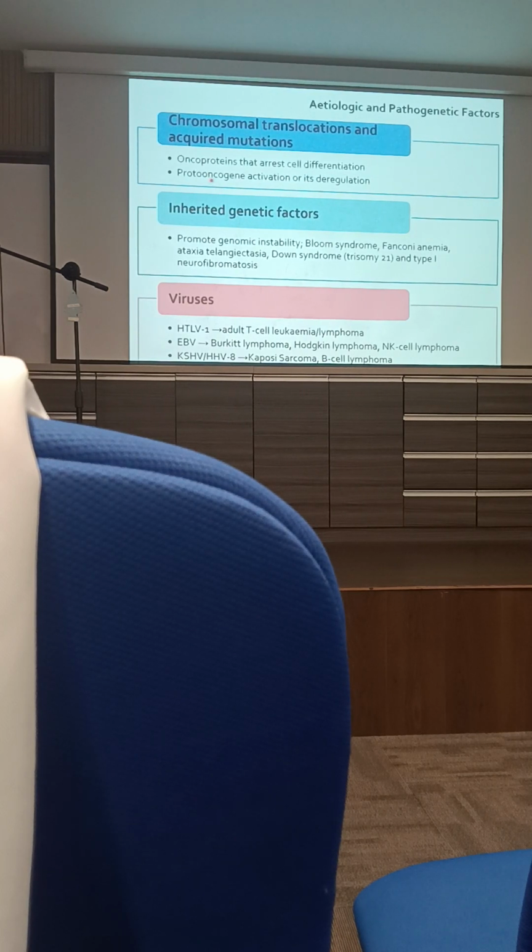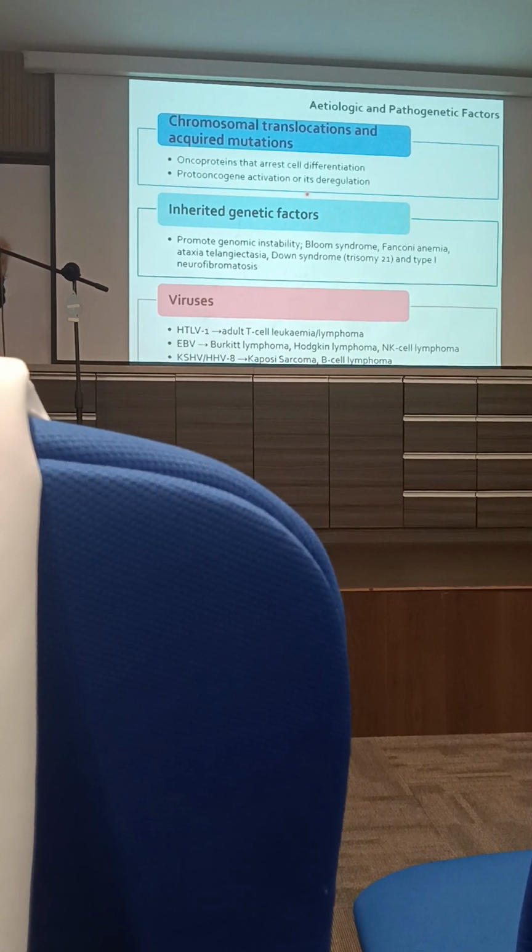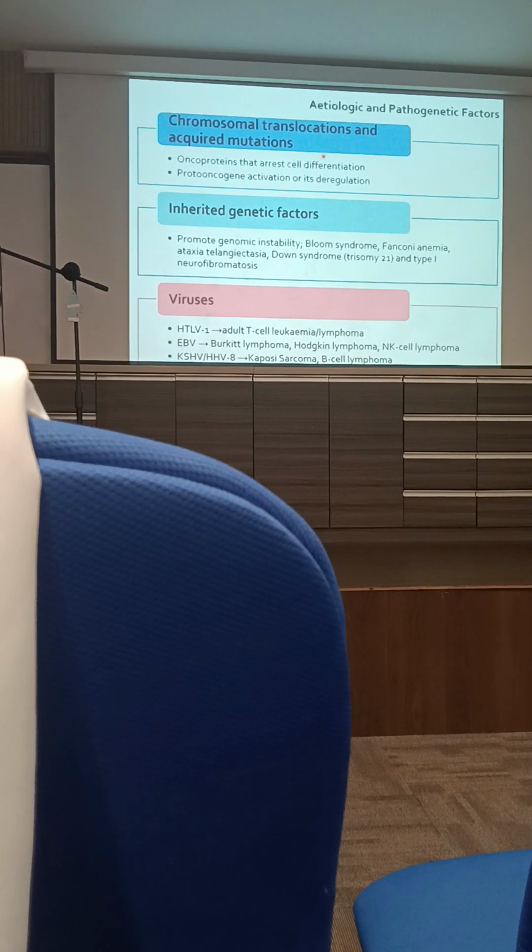So proto-oncogene activation or its dysregulation are also a result of some of these chromosomal translocations and acquired mutations. So we will go through one or two sahaja. Right. So leukemias can be associated with some inherited genetic factors.